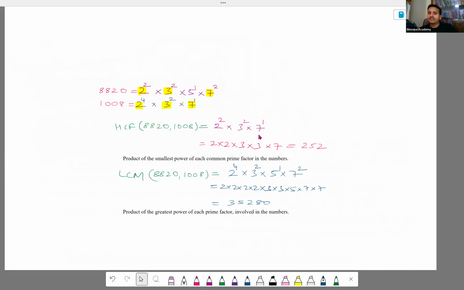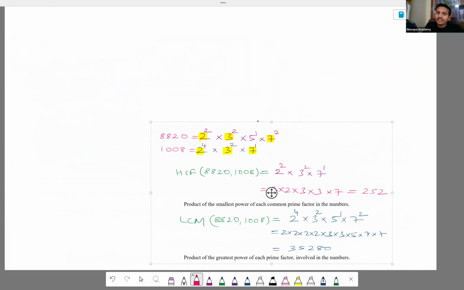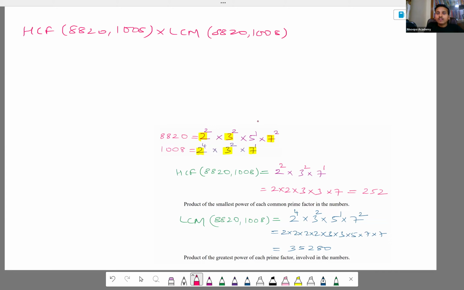So you will find here that HCF of 8820, 1008 into LCM of the same two numbers 8820, 1008 will be equal to the product of the two numbers.